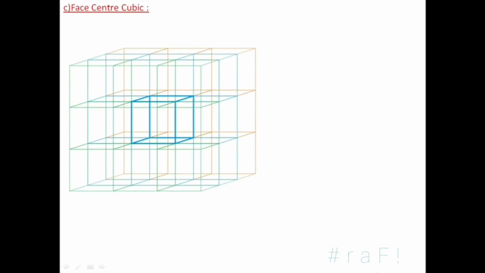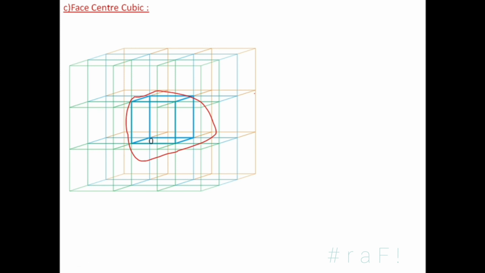Now, face-centered cubic. To calculate the coordination number in FCC, here is a 3 dimensional crystal structure, and for reference, take this one unit cell. Okay, and with respect to this unit cell, we have to calculate nearest neighbors.